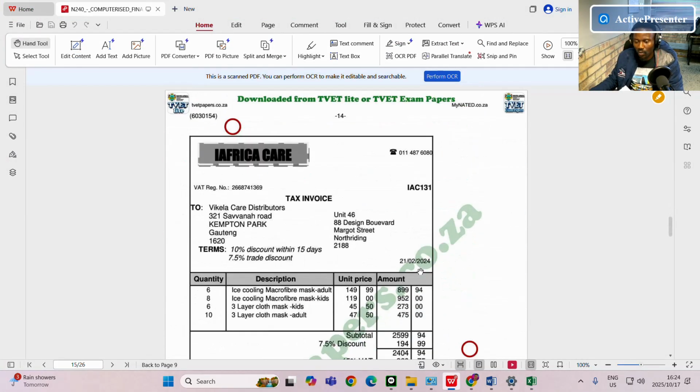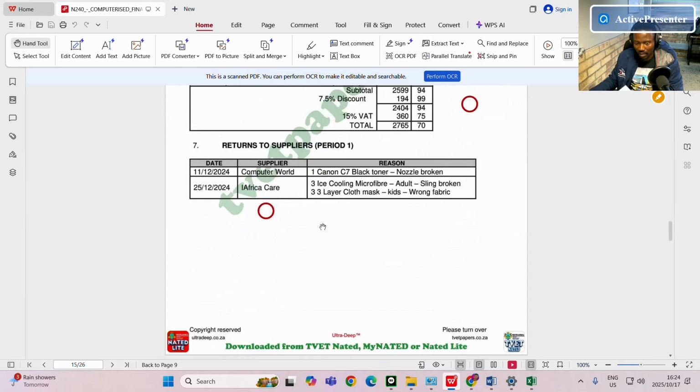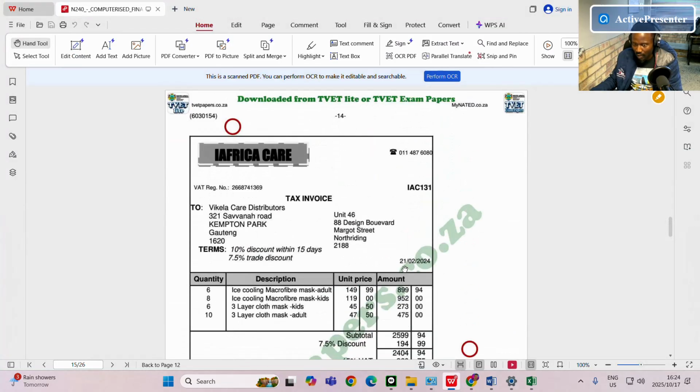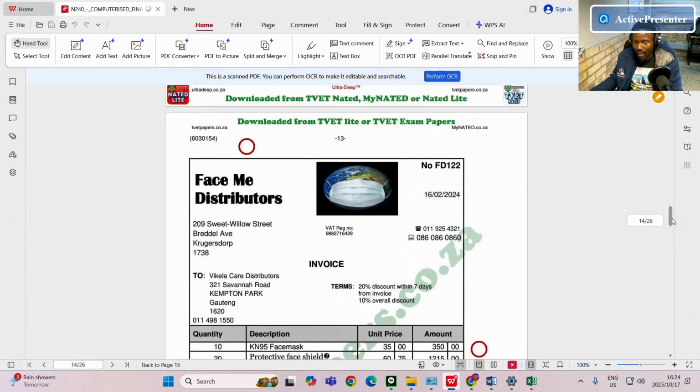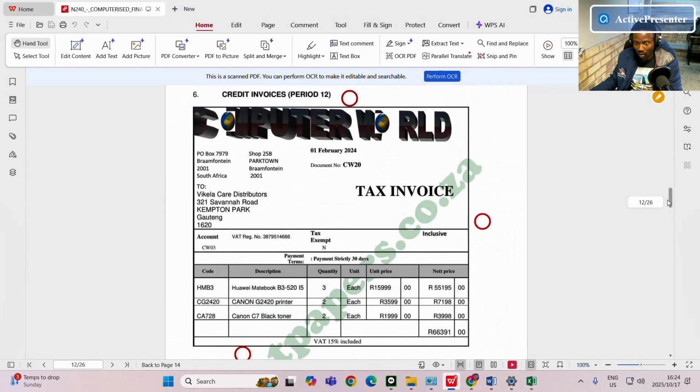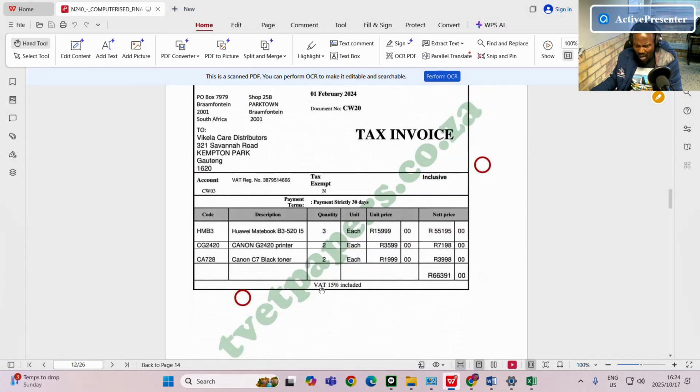Okay, now let me just confirm whether I have any returns to this supplier, because I need to less returns. Yes, there is returns. So I need to less returns. Obviously, you're going to look at your supplier allowance. So in this case, what did we return? Let's go check what we returned. You need to use your supplier allowances because that's where you're going to record this since it's a non-stock item.